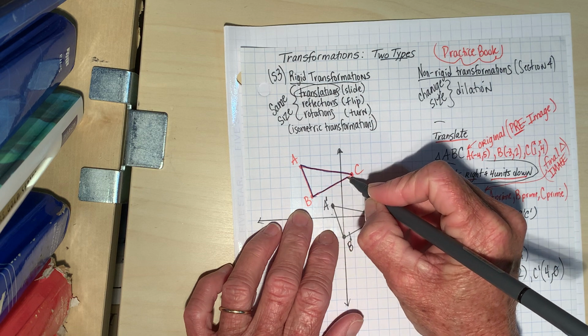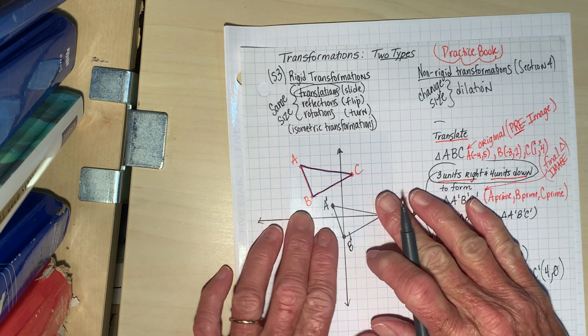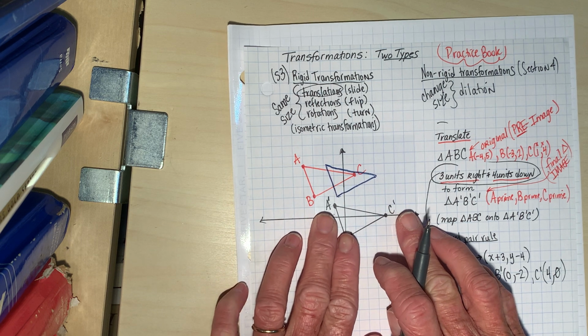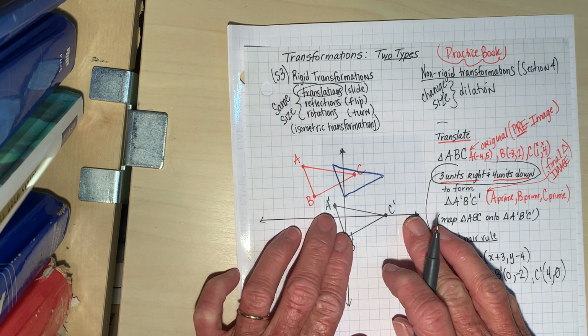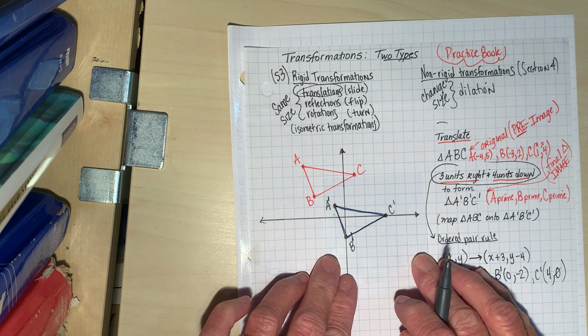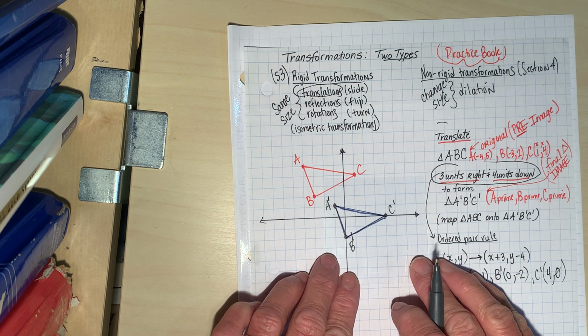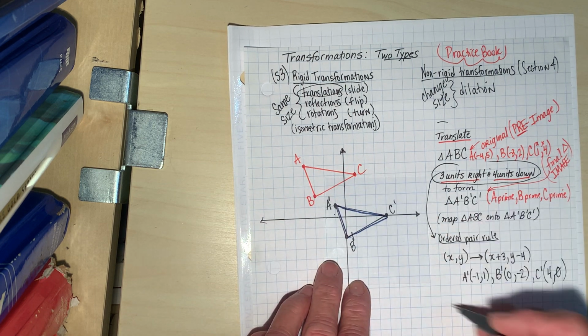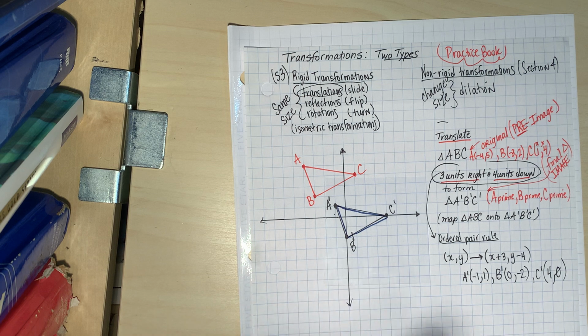Okay, so we literally did this. We took it and we slid it to the right 1, 2, 3 units, and then we dragged it down 1, 2, 3, 4. And notice it's a perfect fit. The size was not altered in the least. But in geometry, we're going to use ordered pair rules to accomplish that with translations.